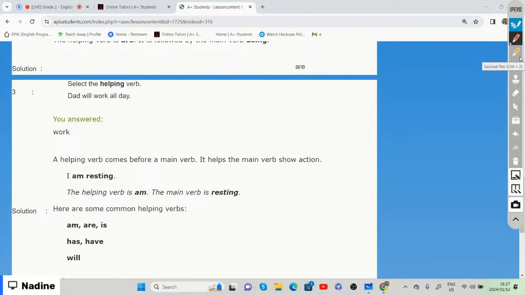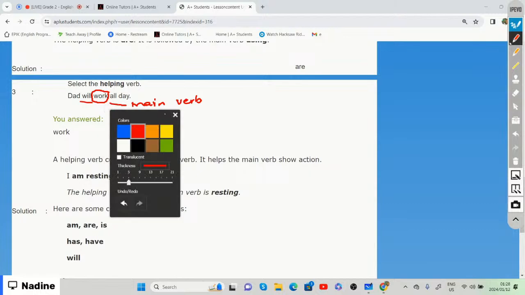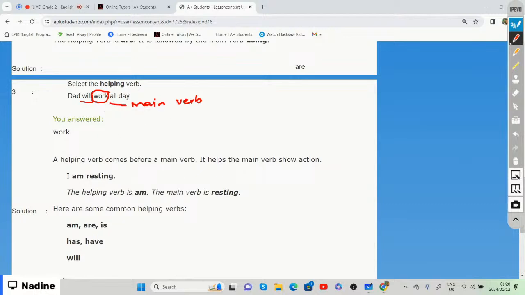If we select our helping verb, then our helping verb will be will, and our main verb is work.